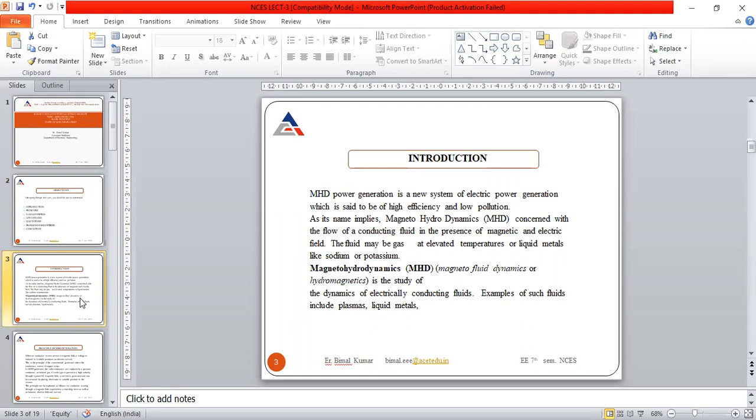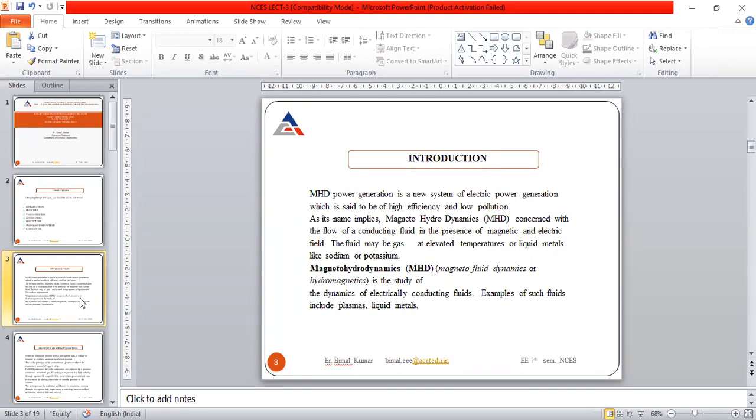So as its name implies, magnetohydrodynamics, MHD, is concerned with the flow of conducting fluid in the presence of magnetic and electric fields. What will happen, as in the case of your ordinary generator, there is a north and south pole, and in between them some conventional conductor or coil will rotate, right?